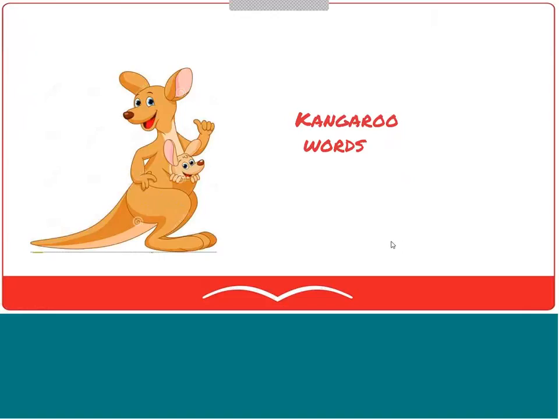Let's look at another way to remember the meanings of words, called kangaroo words. A kangaroo carries his child Joey in its pouch. In the same way, kangaroo words contain the meanings within themselves.